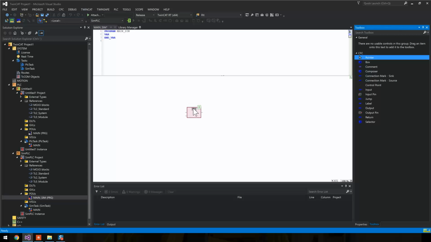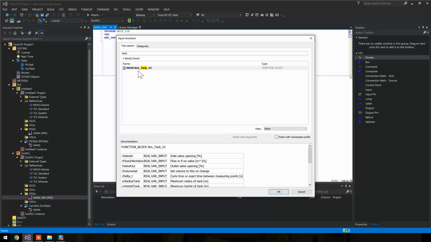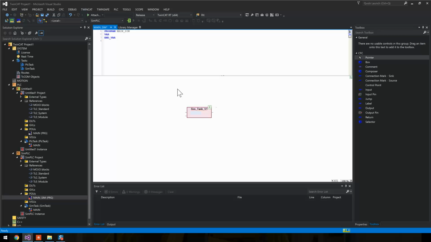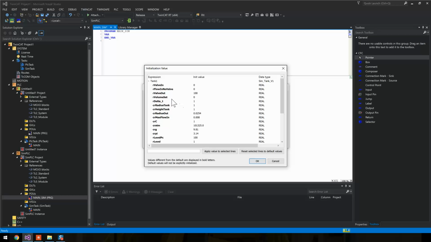Then we'll add a tank. Let's call that tank 1. We have some parameters we could set if we'd like. A good idea would be to actually measure the height of the tank and the radius. Let's just leave that to 1.